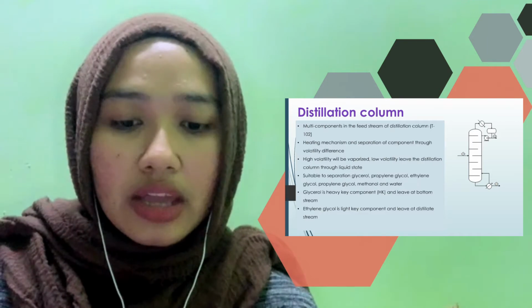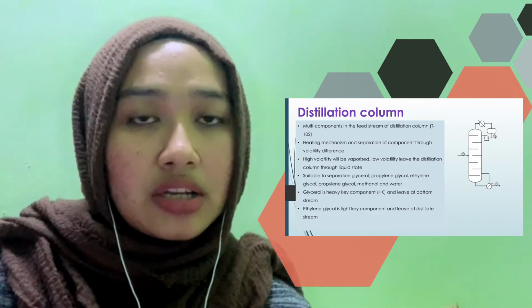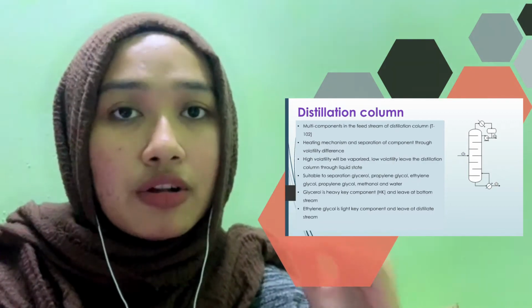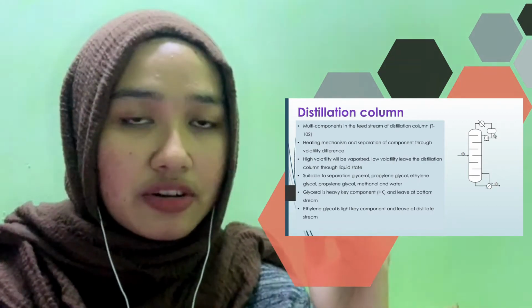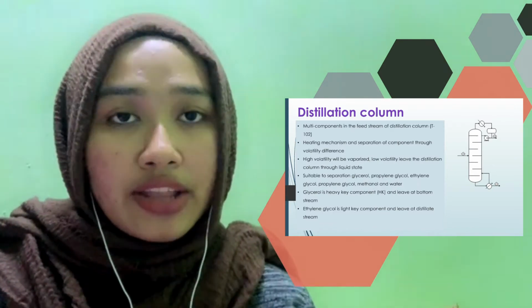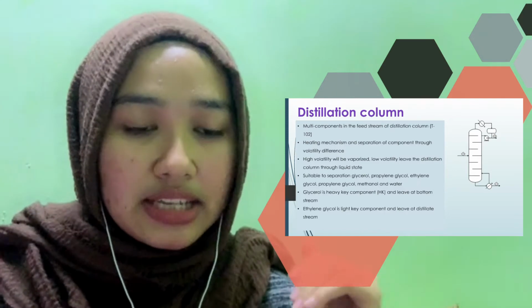The ethylene glycol and propylene glycol will be distilled out at the top of the distillation column, while the unreacted glycerol will be distilled at the bottom as the liquid phase.